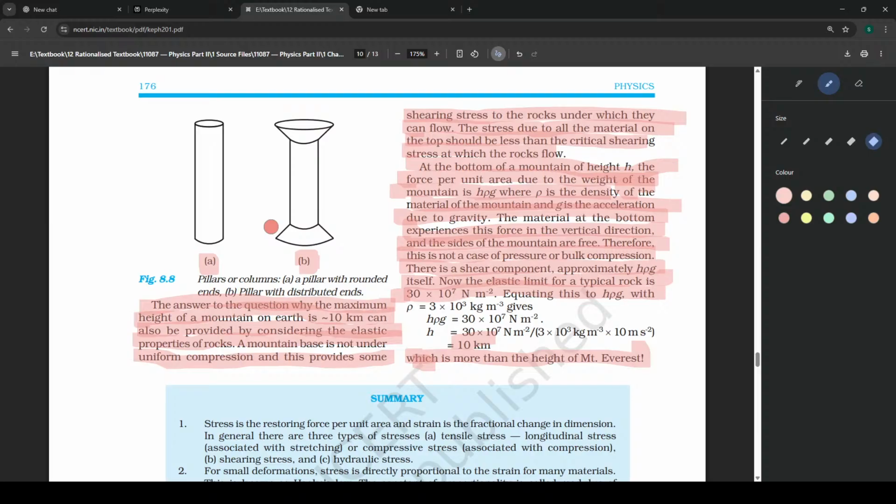What they mean by this not being a case of pressure or bulk compression is that bulk compression is when it is in hydraulic conditions, where we put it in water. There is complete compression, there is no change in shape, but there is a decrease in volume.